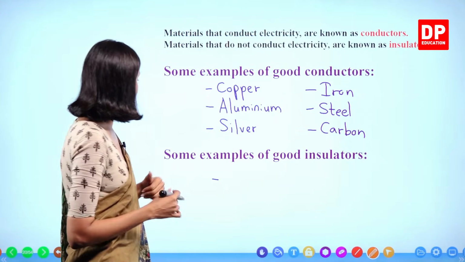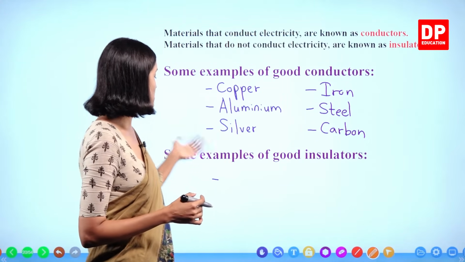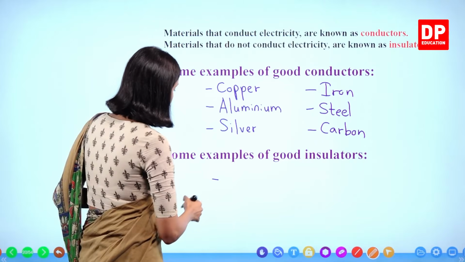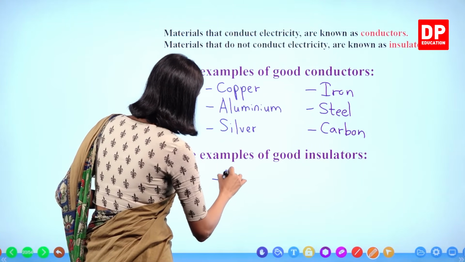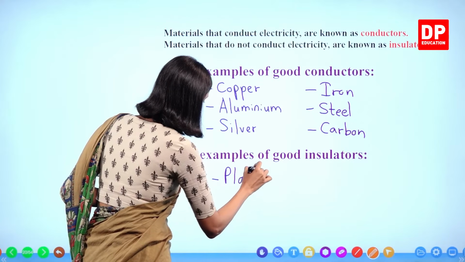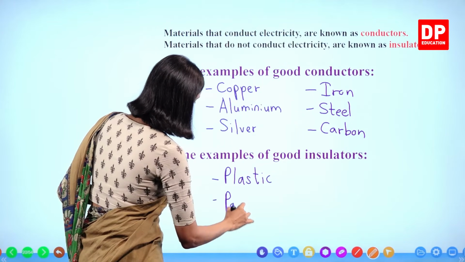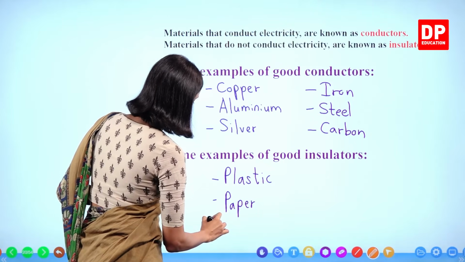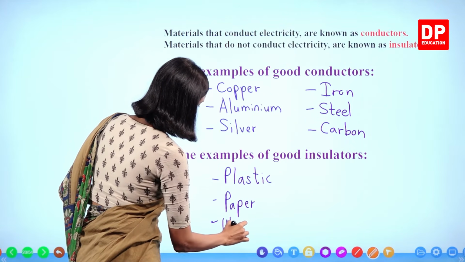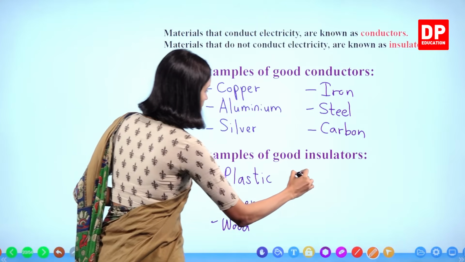So here, what are the examples? Some examples of good insulators. We'll write plastic, paper, wood, mica.